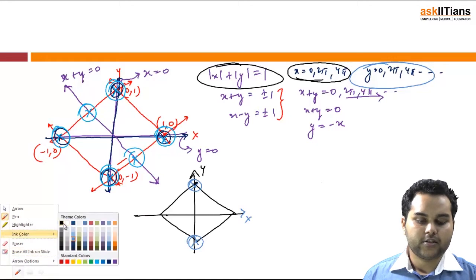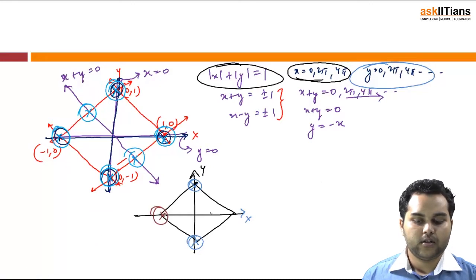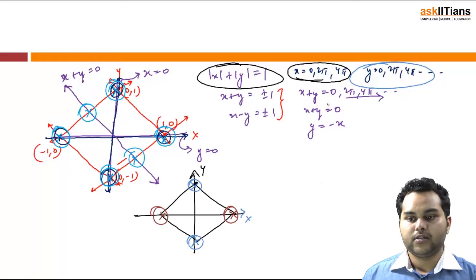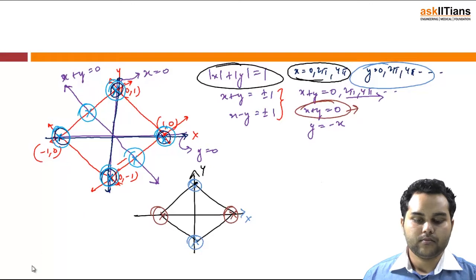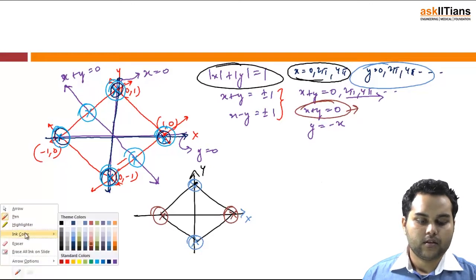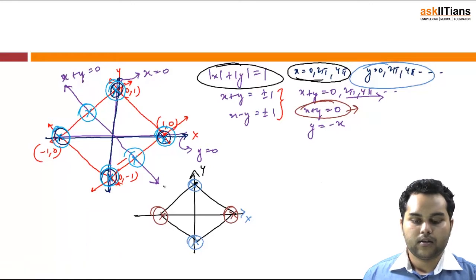and the points of intersection of mod x plus mod y is equal to 1 and y is equal to 0, hence were these two. After this, there was one more equality that I got, which was this, which when plotted gave me this straight line.